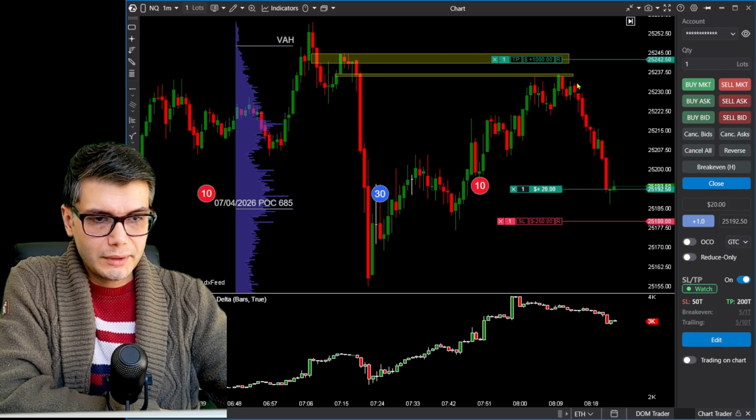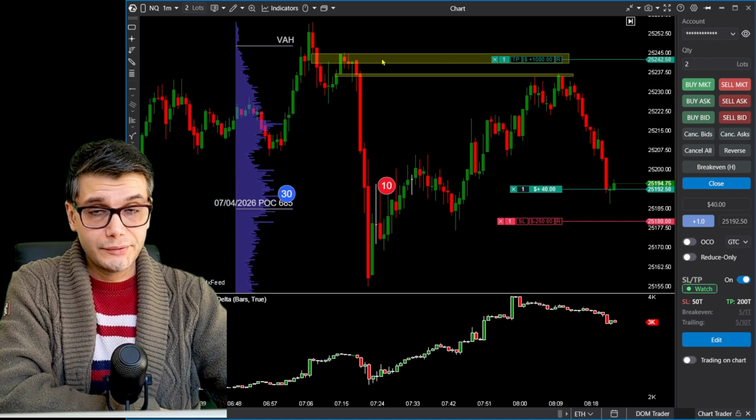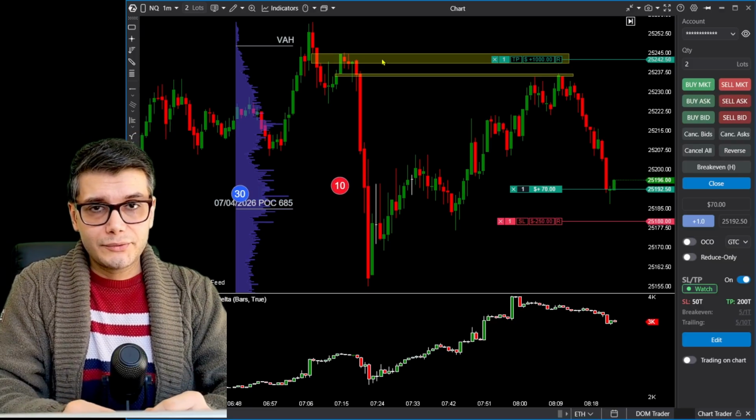If the price gets here during the open, 2 minutes to open, I would like also to sell again with more contracts at the value area high. As I said, value area high acts as resistance.